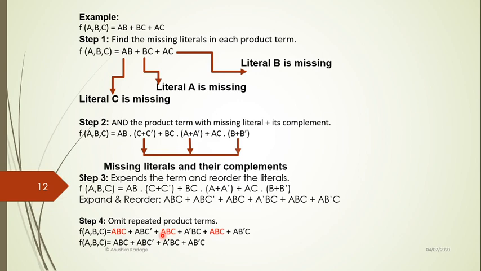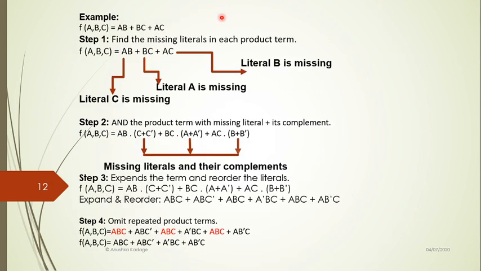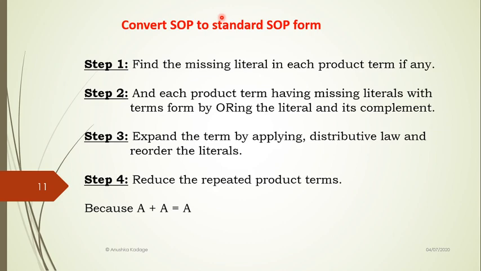While in the previous case, if you have seen, there we were doing the ORing operation of the missing literal with its complement and ANDing it with the original expression. So please note this difference when we are converting the POS to standard POS and the SOP to the standard SOP.